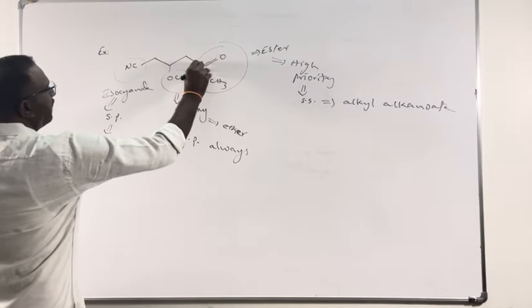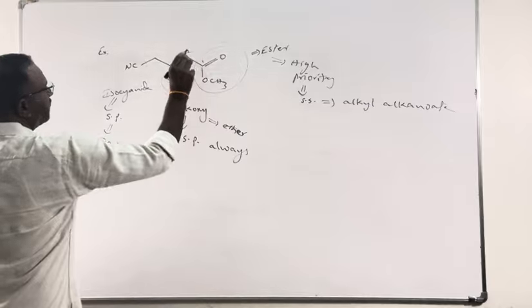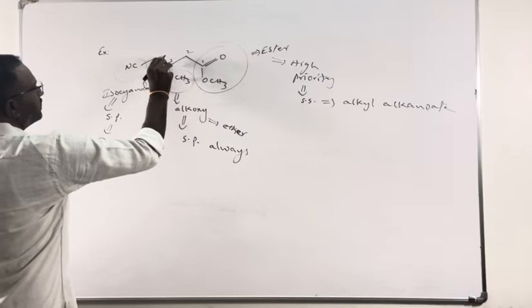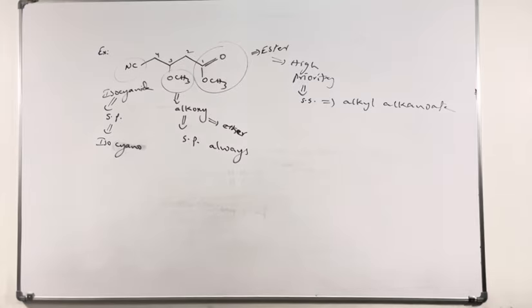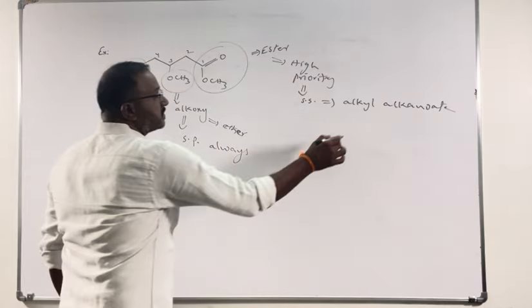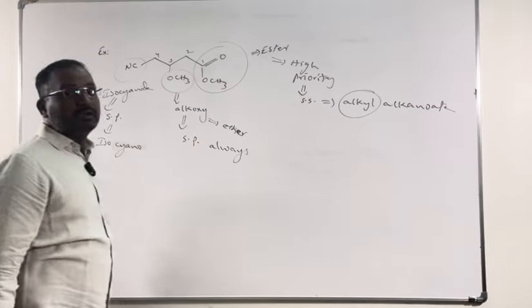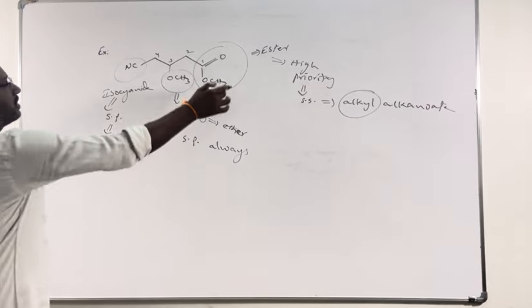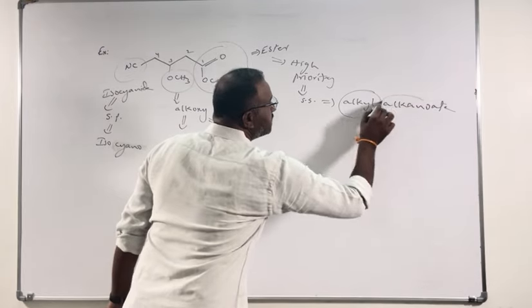Already I told you, numbering always starts from the high priority functional group. 1, 2, 3, 4 are there. So how to write the name for that? Let me see now. Here ester is there as a secondary suffix. First we have to say this alkyl group, and all this molecule comes under alkanoate.